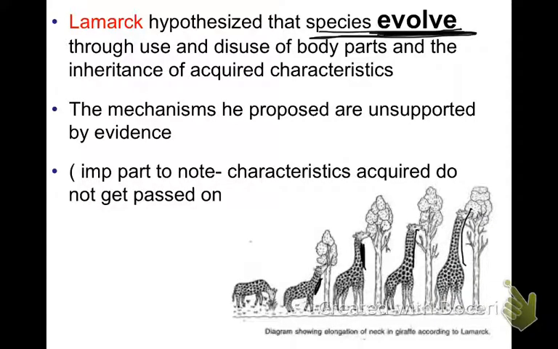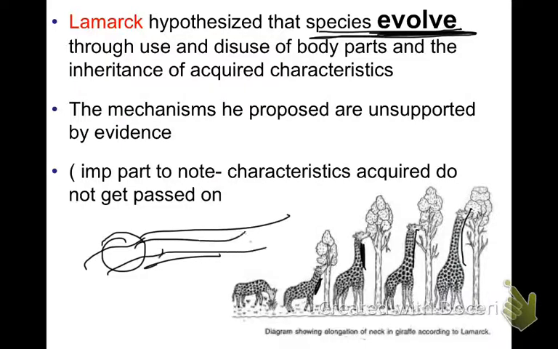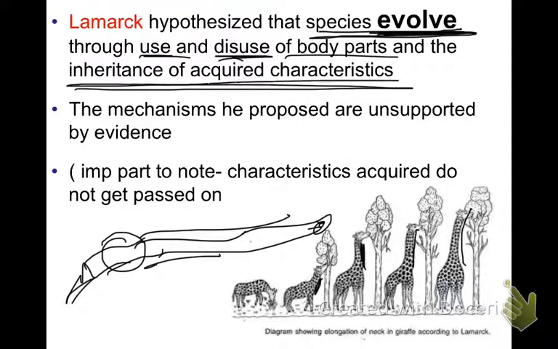Basically, a snake has lost its limbs because it is burrowing through a hole which is hindering its arms, and its arms fell off and it became a limbless creature. So this was his theory of use and disuse of body parts and inheritance of acquired characteristics.